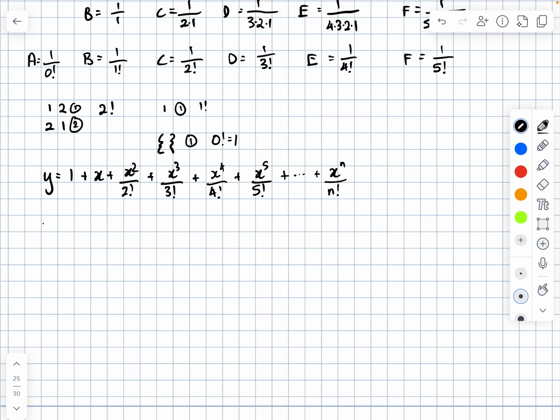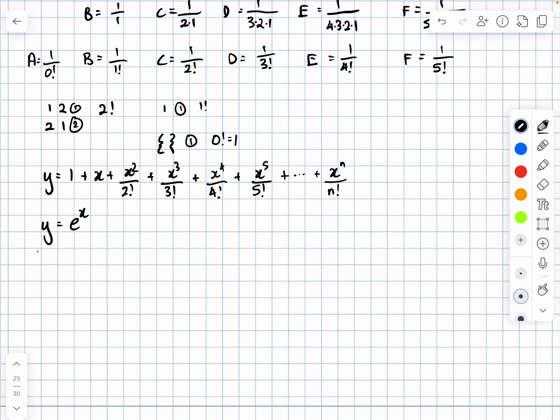Now this is actually a polynomial that is equivalent to e. So Euler called this e to the power x. And if you were to try different values of x, so x equals 1, and substitute this into this formula, but don't stop at x to the power 5, stop at maybe x to the power 10, you'll get a value very, very close to e to the power 1.